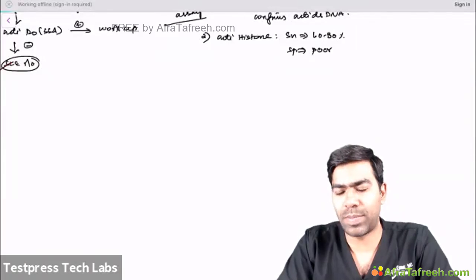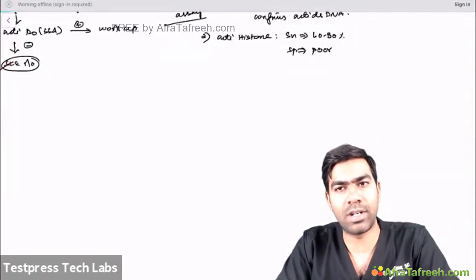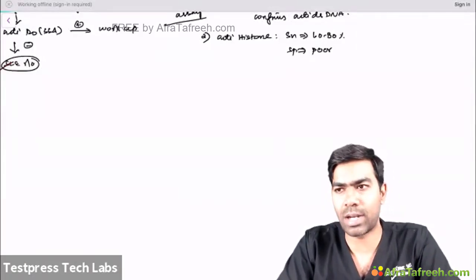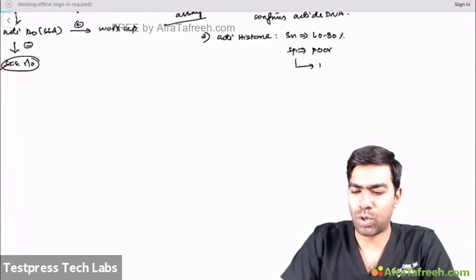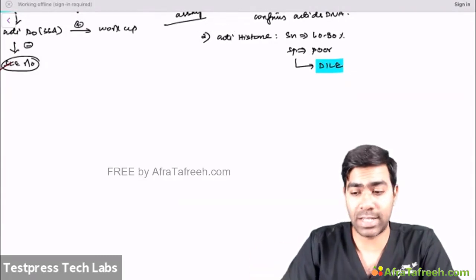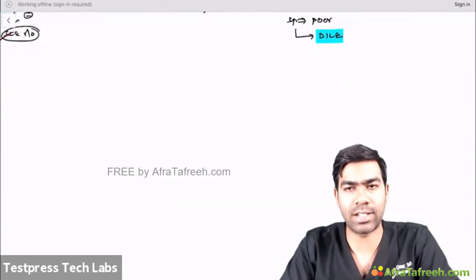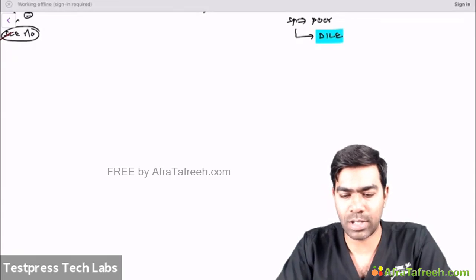It's not specific for systemic lupus erythematosus. It can be seen in drug-induced lupus erythematosus. It can be seen in many other conditions also. Because of that, specificity is very poor. But it can have a good correlation with DILE, drug-induced lupus erythematosus, in appropriate settings. So you need to know that it's not only seen in SLE, it's also seen in drug-induced lupus erythematosus.